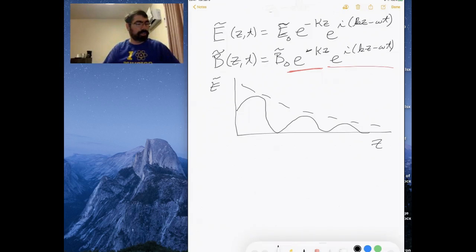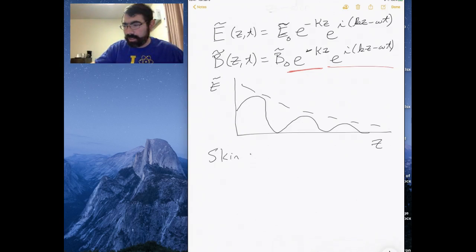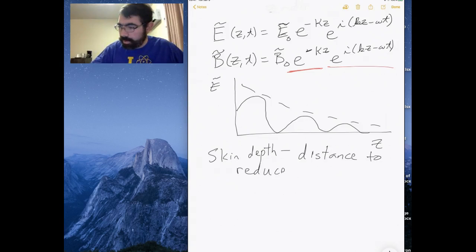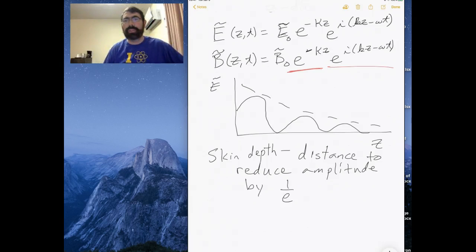So now what I want to do is define a few things, like something called the skin depth, which is essentially how deep that electromagnetic wave can penetrate into the conductor before it just dissipates to zero. This is the distance to reduce the amplitude by 1 over e.